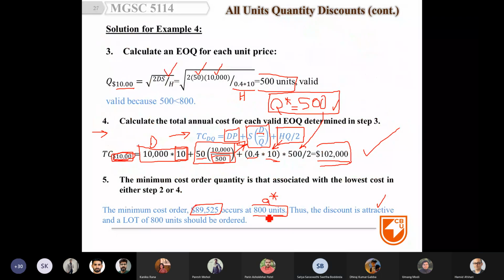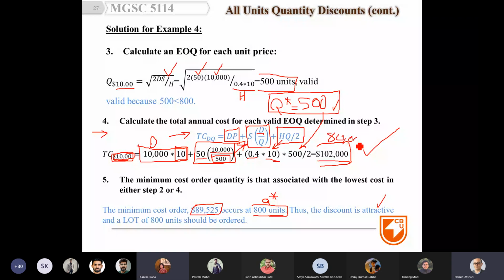Any questions, any doubts, anything in your mind that I have not addressed? Yes, Professor. Like in the fourth step, if the cost is lesser than the previous one, for example $80,000?